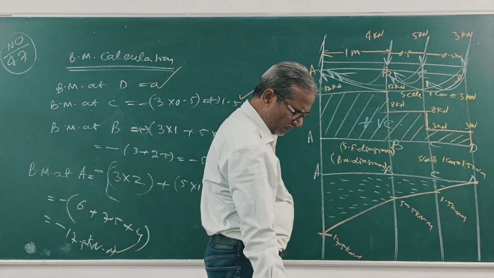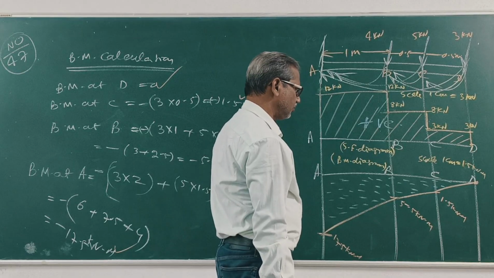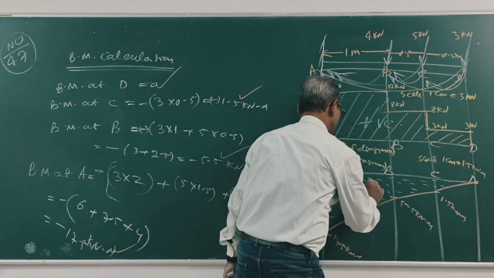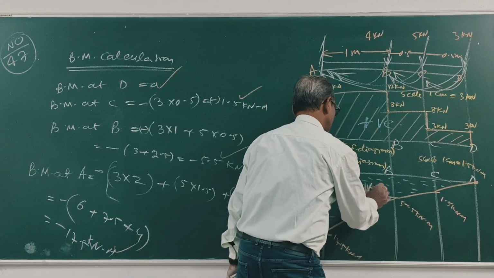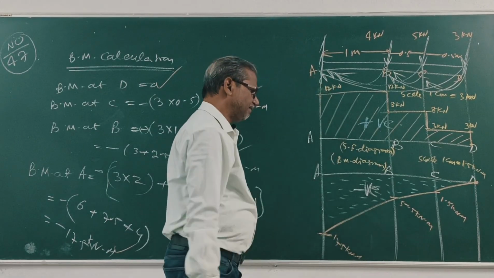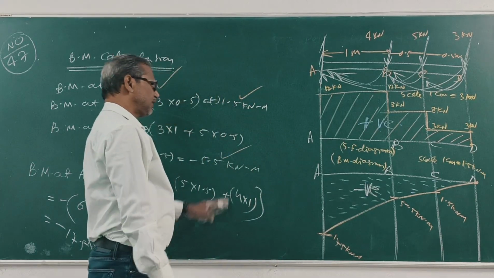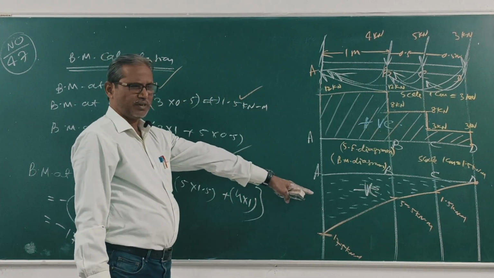All are downwards, so negative. The diagram is below the baseline, negative. Clear? So this is the shear force diagram, and that is the bending moment diagram.